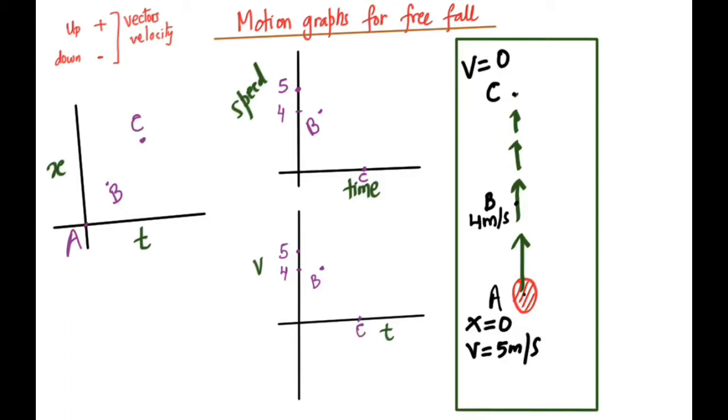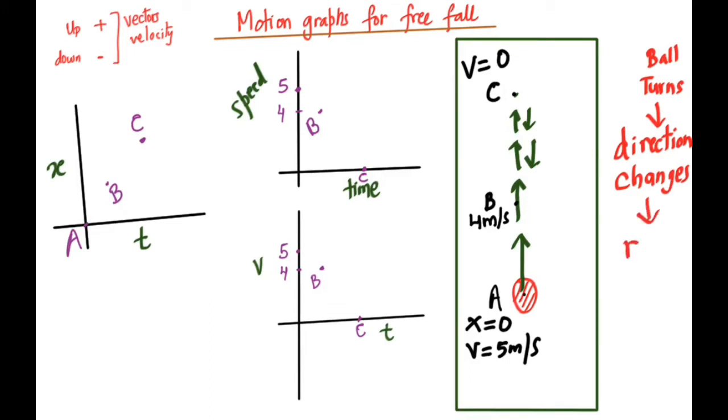Similarly, for velocity also, the velocity will also be 0, so it is plotted on the x-axis. For the position time graph, we can see that it has reached the maximum position, and that's point C plotted on xt graph. After this point, the ball is going to turn and its direction is going to change, and it's going to return to its original position.